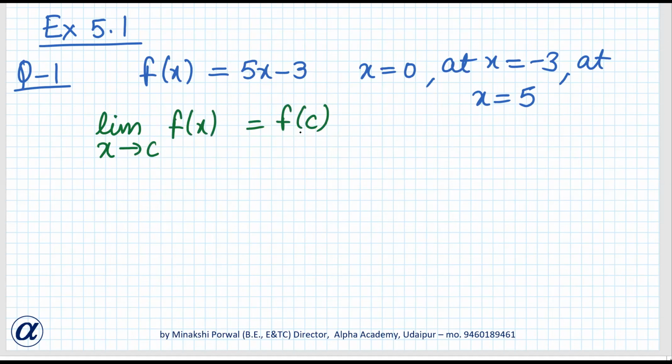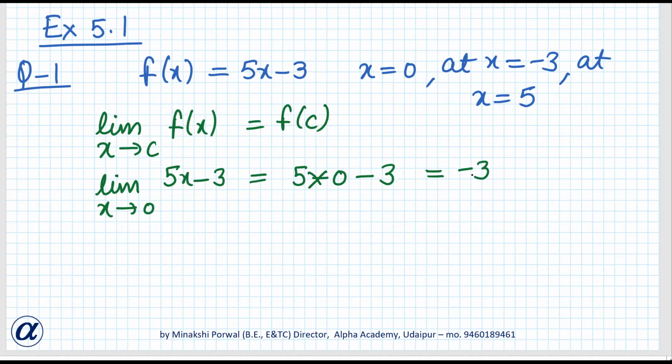Limit x tends to 0, when we have to prove the first one continuous, f(x) is 5x minus 3. Its value is 5 into 0 minus 3, that is equal to minus 3. And f(0) is minus 3.